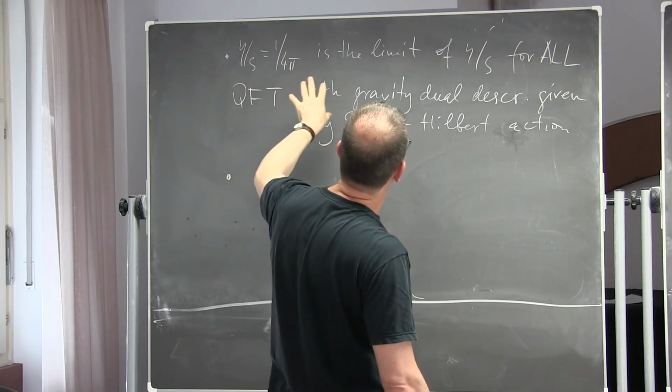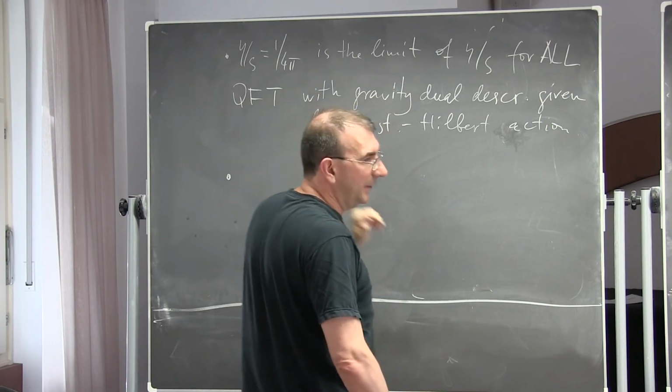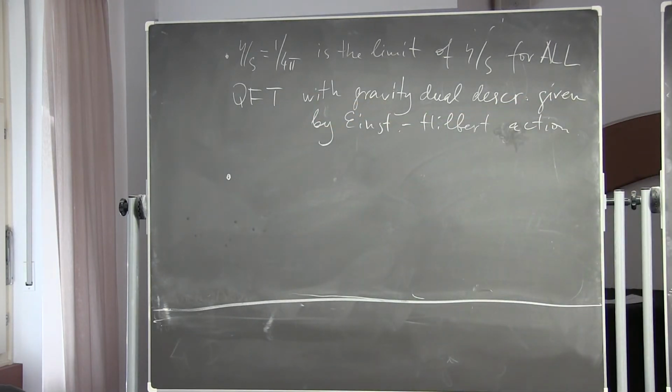But there is a theorem which tells you that if you have a quantum field theory, and it's known that in some parameter space, at some parameter point, it is described by gravitational degrees of freedom, even if you don't know explicitly this description, how precisely the metric and so on, it is guaranteed that this ratio must be equal to 1 over 4 pi. So there is some universality statement.